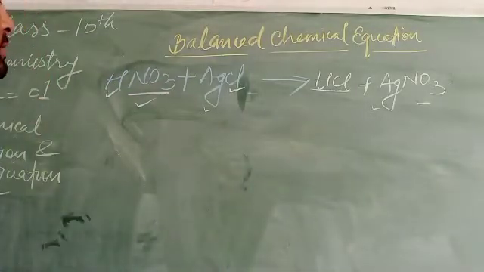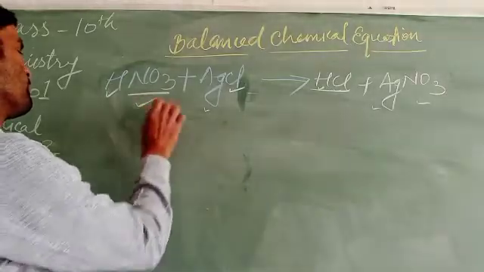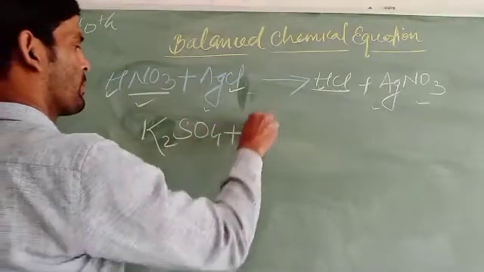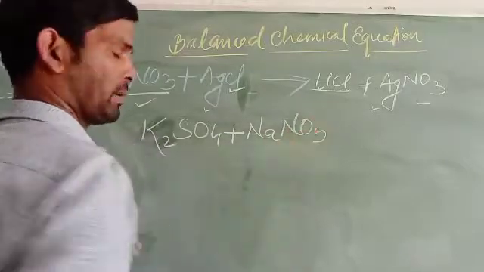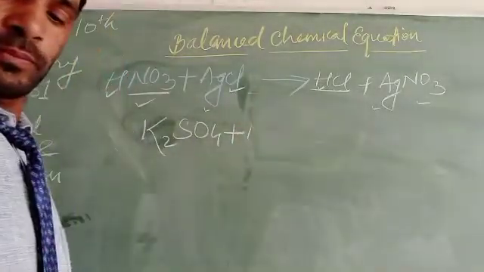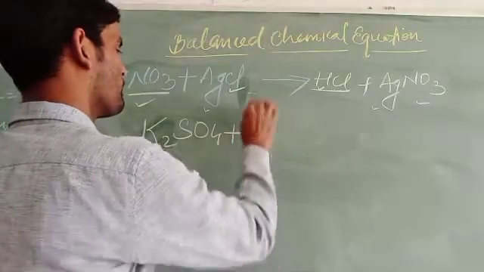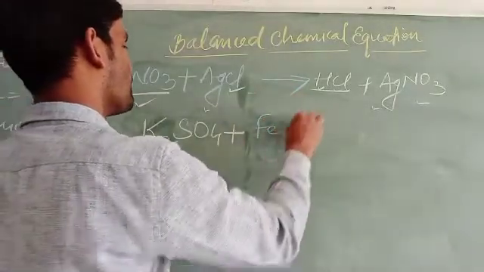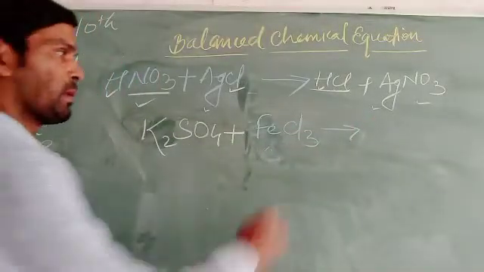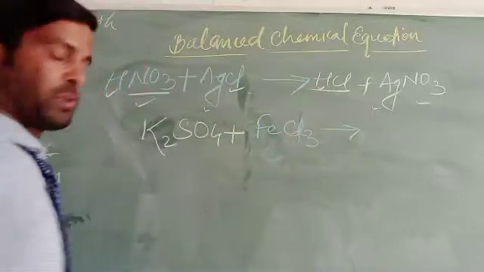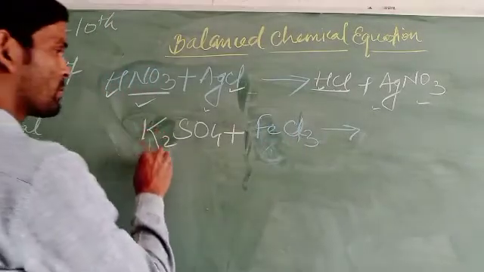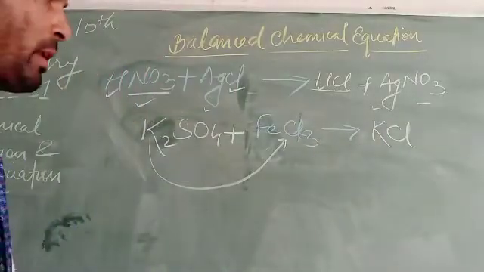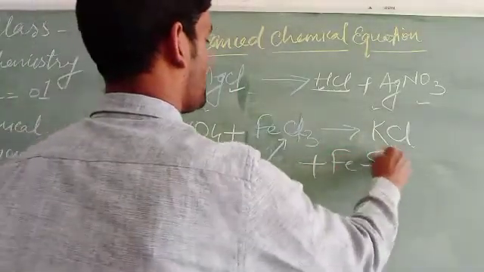Now the next one is K2SO4 plus FeCl3. So first of all it will form KCl, and the next one is Fe2(SO4)3.